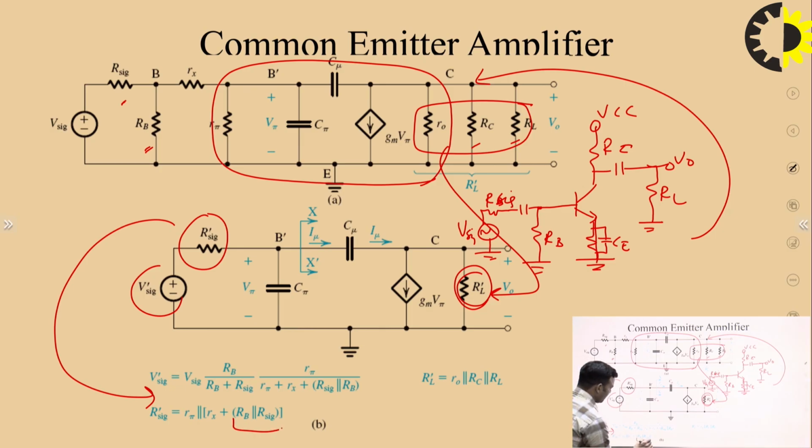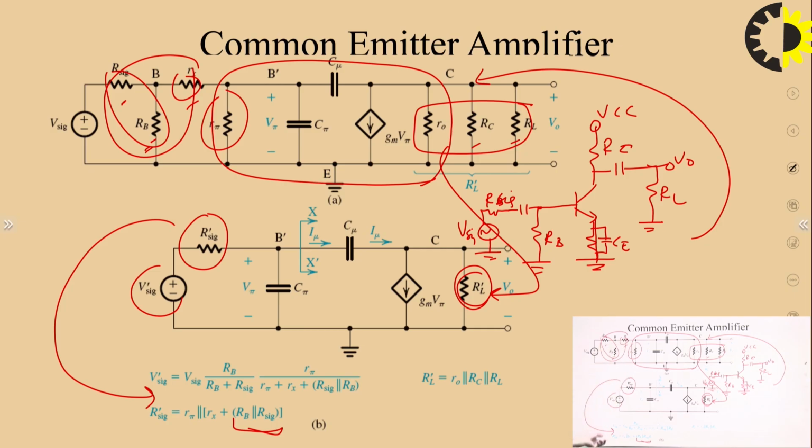Then RB and R signal are in parallel, then Rx, and the combination of these will be in parallel with R pi. So you can easily write R dash signal is equal to R pi in parallel with Rx plus RB in parallel with R signal.